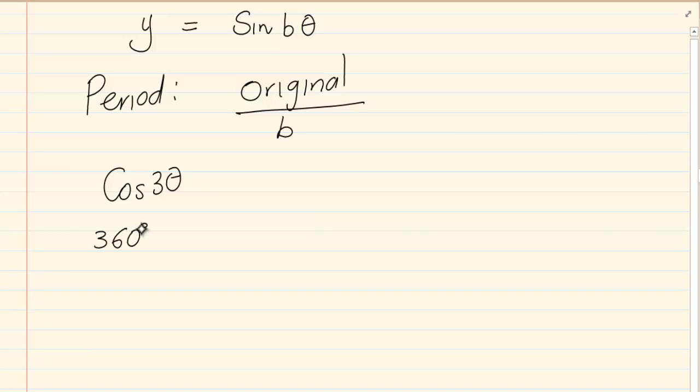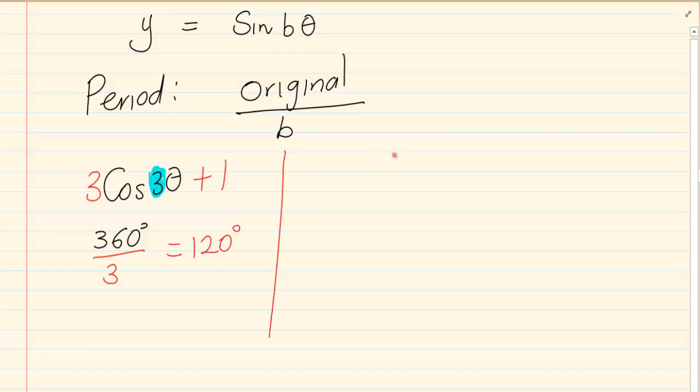Remember, that is from your mother graph. What am I going to do? I am going to divide it by 3, which would immediately tell me that the period of this graph is 120 degrees. It doesn't matter if I add numbers in front or after it. The number that affects the period is the one that is immediately next to the ratio.